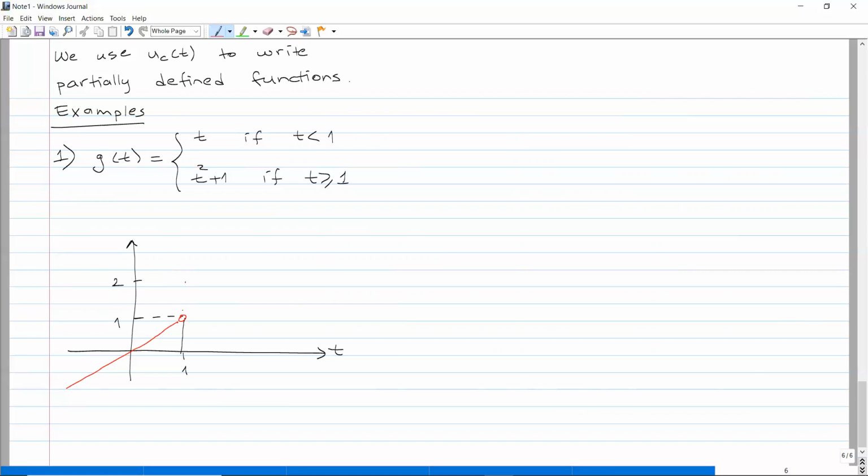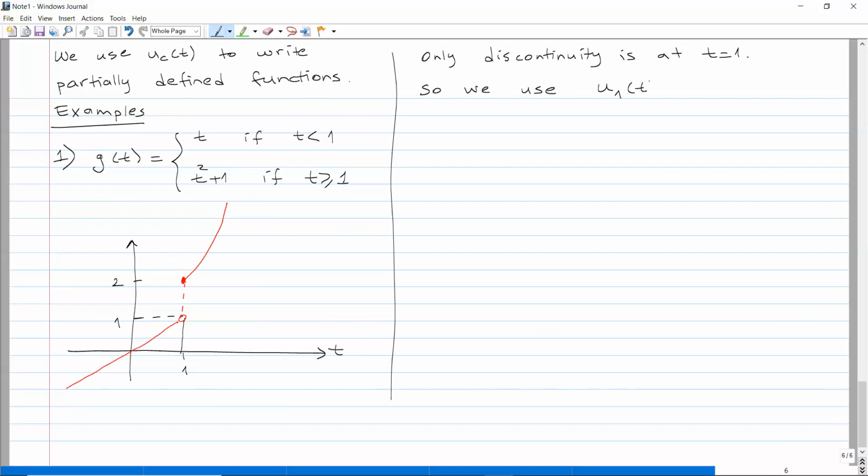So at 1, it becomes 2, and then it is a parabola type of thing, something like this. So again, this function is piecewise continuous. The only discontinuity is at t equals 1. So we use the unit step function at t equals 1.